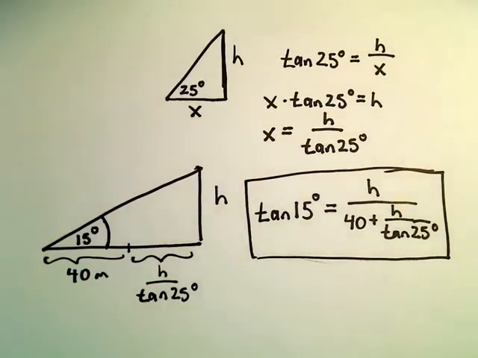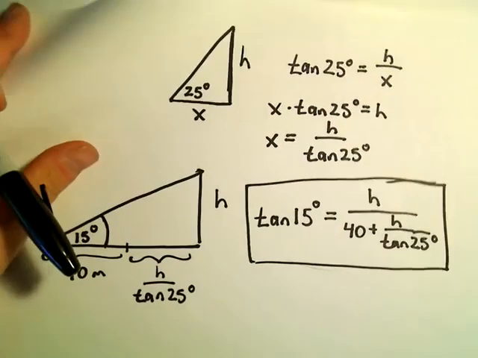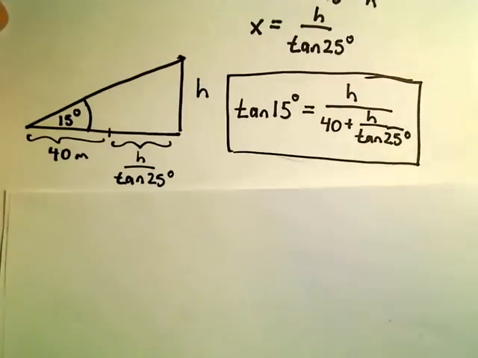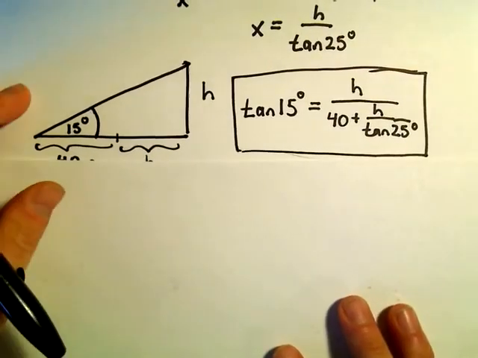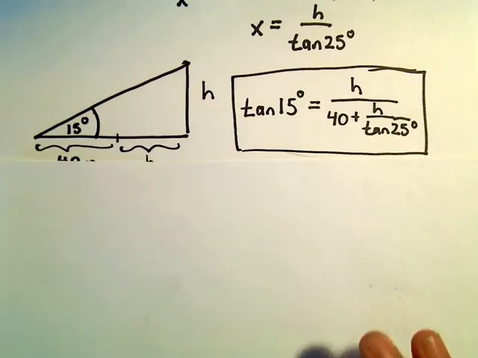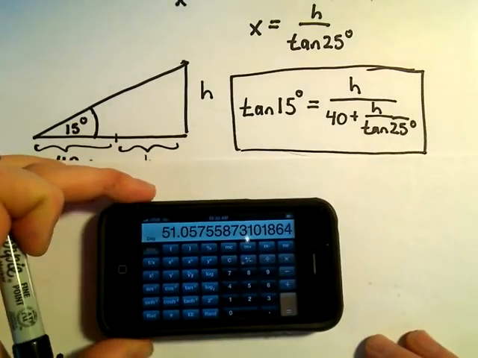Alrighty, so I think I'm going to start turning everything into decimals, just to start approximating things. I think it'll make things a little bit easier to deal with. So let's see. I'm going to do tangent of 15 degrees.